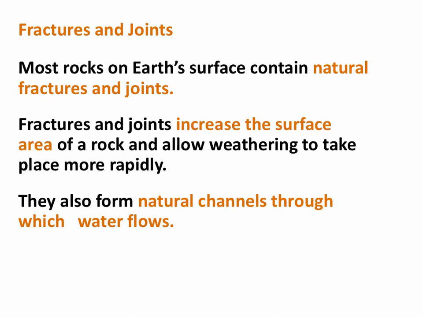Most rocks on Earth's surface contain natural fractures and joints. So there are natural cracks in these rocks. Fractures and joints increase the surface area of a rock and allow weathering to take place more rapidly.